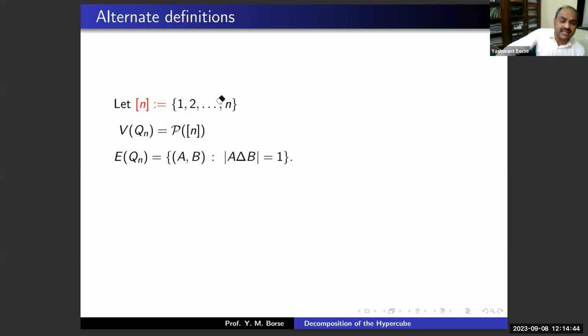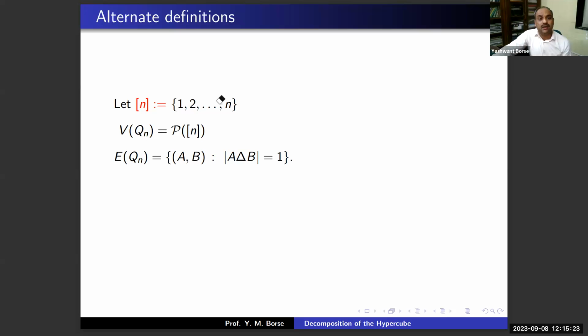There are two other alternate definitions I'm giving here. One is to write the set [n] as the set 1, 2, 3 up to n, and take its power set. You can label the vertices of hypercube Qn with the power set of the set 1, 2 up to n. This is an n element set, so the power set of it has 2 raised to n members.